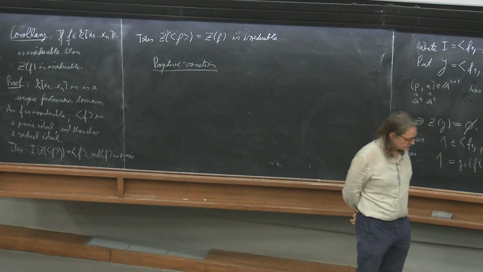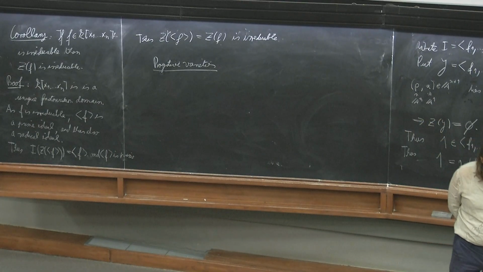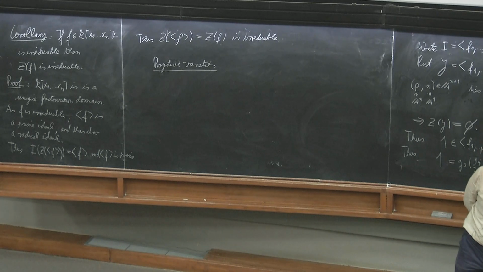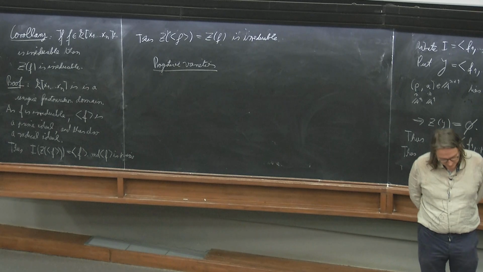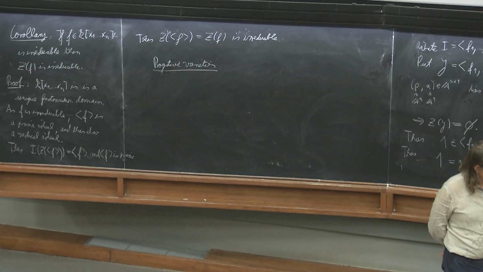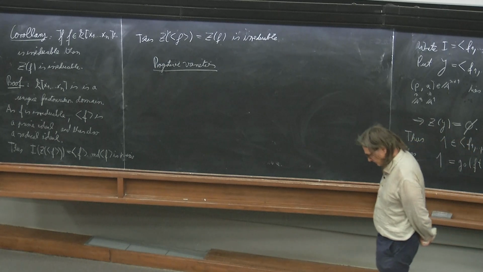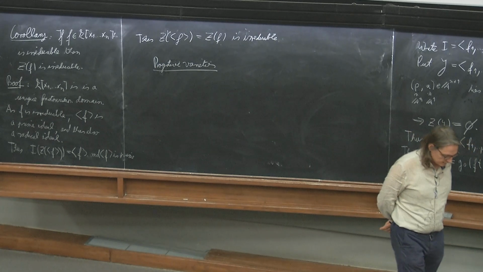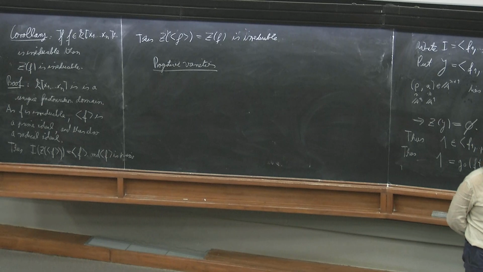And so that has a number of disadvantages because compact spaces are very nice. One can do many things with them that one cannot do with non-compact spaces. And so, in some sense, one would like to compactify them. And this is done by looking at projective varieties.